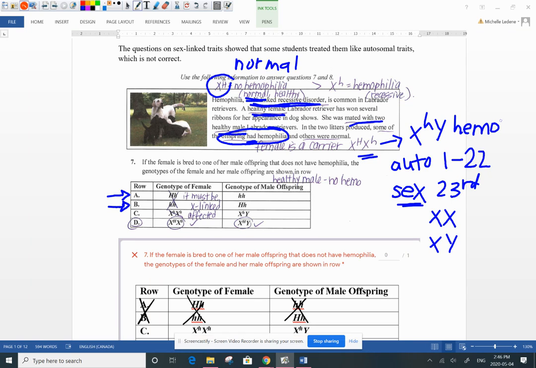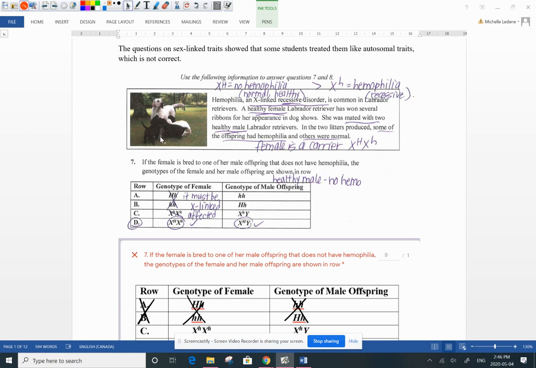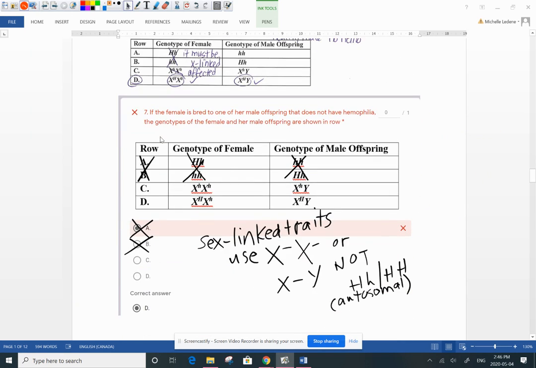She carries, though, the recessive and passes it on to some of her offspring. So she's mated to one of her males that does not have hemophilia. So he's a normal male, not a hemophilia male, but a normal male. Okay, and so again, if students are choosing big H, little h, that is a fundamental misunderstanding.